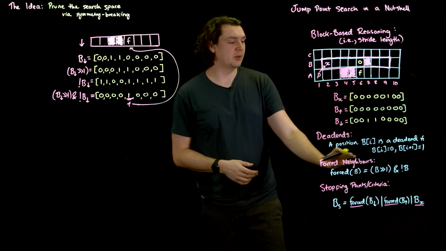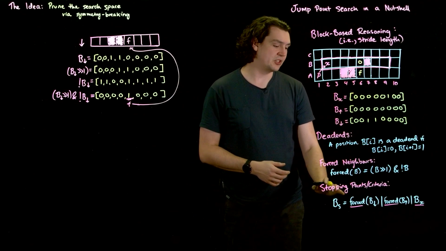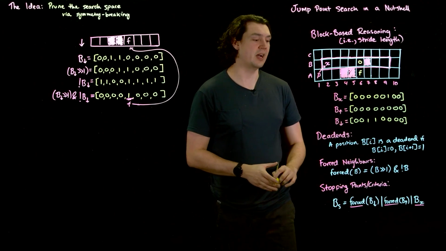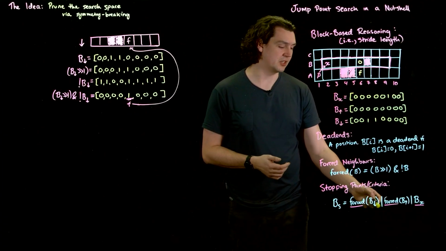Okay, so now you identify both of these two things, your dead ends and your forced neighbours. The stopping criteria generally is that you have to check all of the possible reasons to stop. So you do that by using an OR operator.